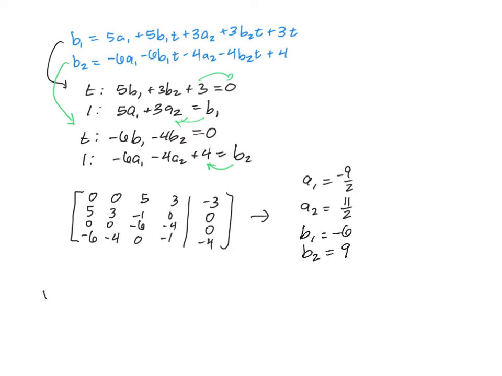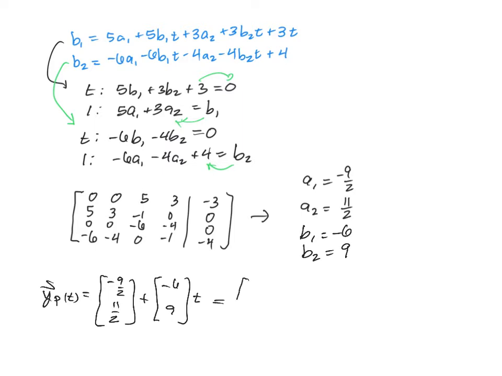So our yp of t then is our constant vector A1, A2, which is negative 9 halves and 11 halves, plus our vector B, which is negative 6 and 9, times t. That's in vector form.